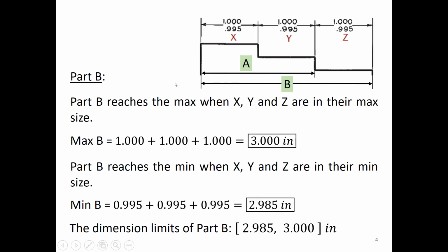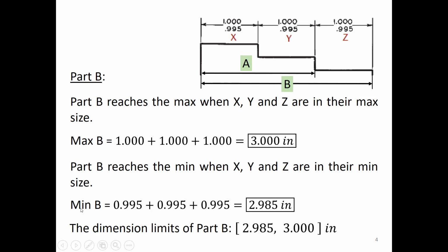And for part B, it's similar. So the maximum size of B is going to be when x, y, and z are all in their maximum size. So the maximum size of B is going to be 1 plus 1 plus 1, which is when x, y, and z are all in their maximum dimension. And part B is going to be the smallest when x, y, and z are all in the smallest dimension.